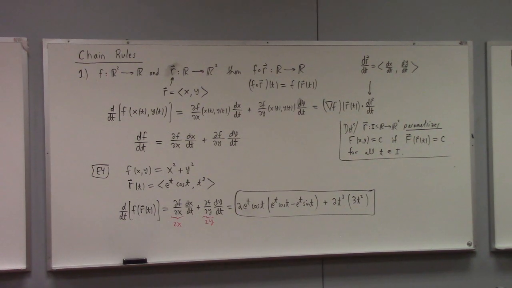What else is this saying? This is saying that the change of the function, df dt, equals 0 along a parameterization of f of x comma y equals c. I mean, by golly, I would sure hope so. If it's a parameterization of the level curve, well, it better not change the level along the parameterization.